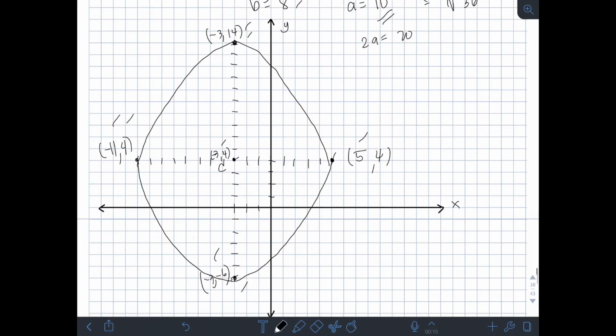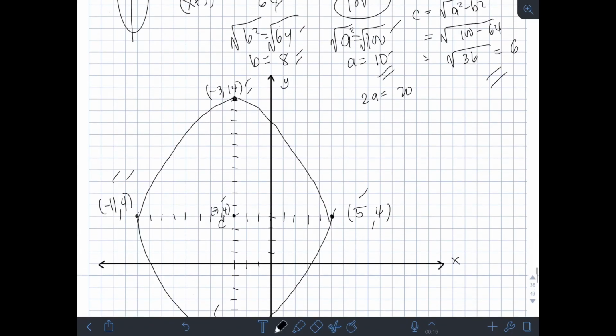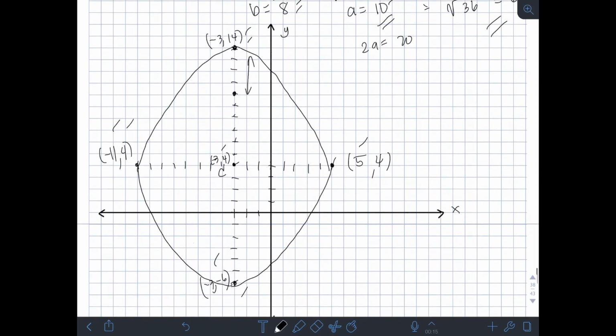And then, yung focus, kailangan natin si C. So, dapat, yung focus natin is located dito sa principal axis, which is this vertical line. So, magbibilang ulit tayo from center na negative 3, 4. This time, 6 units lang, pataas at pababa. So, pataas muna. 1, 2, 3, 4, 5, 6. So, ito. And then, pababa, 6 units din. 1, 2, 3, 4, 5, 6.